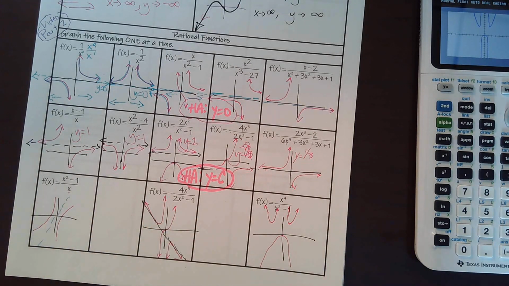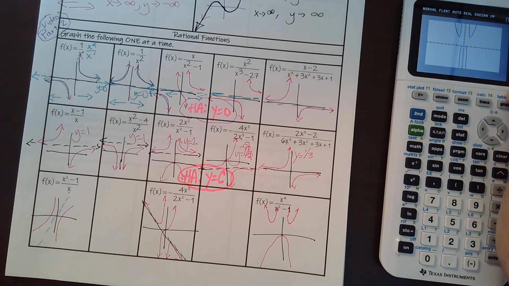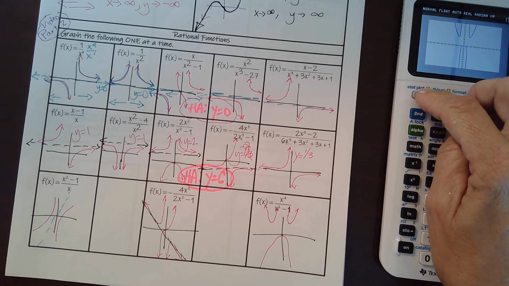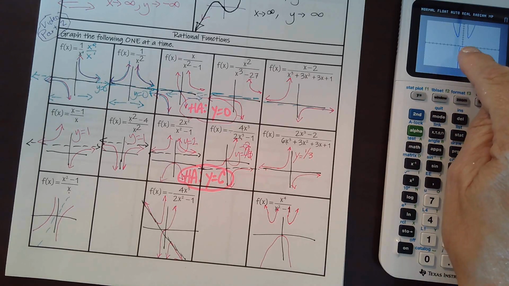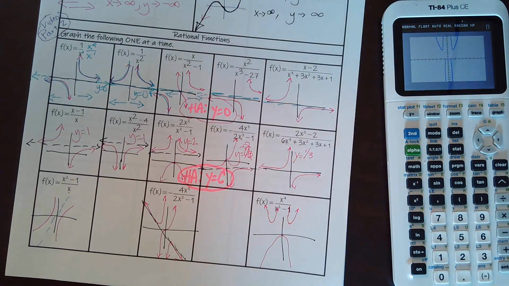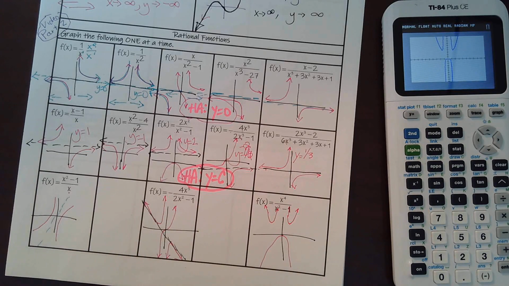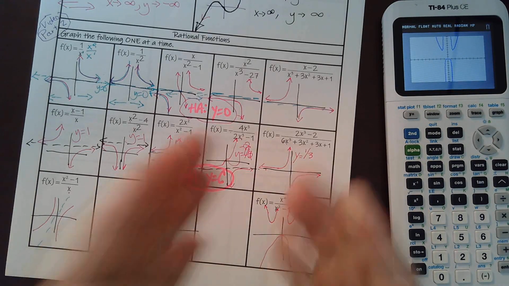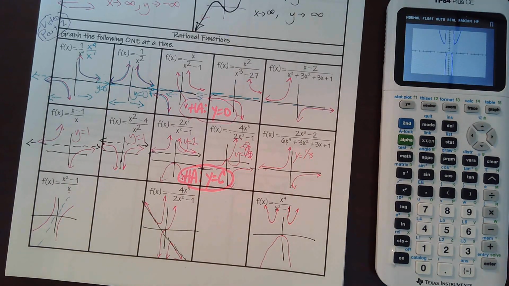Okay, so here's what I think the oblique asymptote is. Notice it's not a line. As you look at this graph and you move away from the origin, your graph does not approach a horizontal asymptote or a linear asymptote as you move away from the origin in the positive and negative x direction.